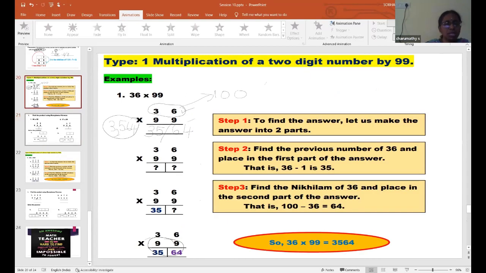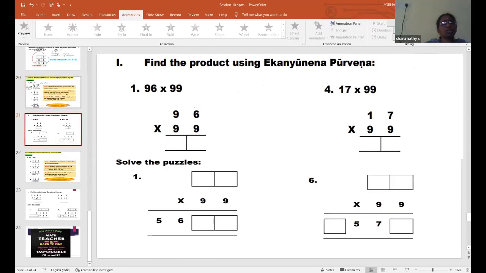Yes, ma'am. The Nikhilam of 96 is 4, so write 4 here. Yes, teachers, I think all of you are clear that the Nikhilam of 96 is 4. Now come to what is the Nikhilam of 99.